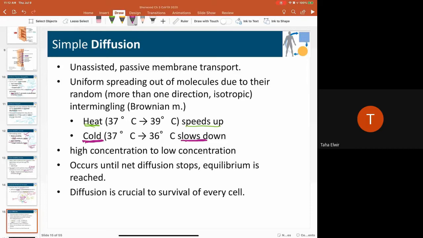This random movement of the molecules is called Brownian motion. You might have run across that in chemistry, and also physics talks about Brownian motion.